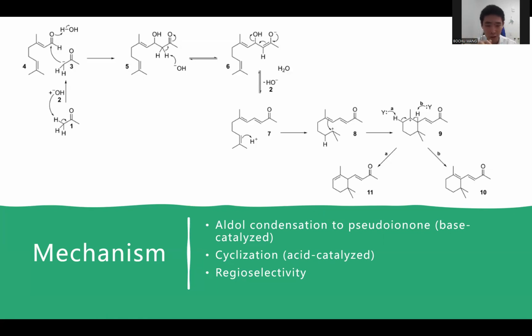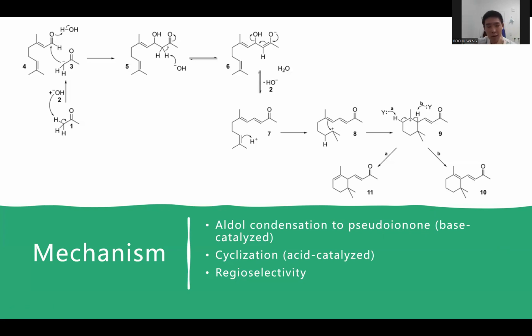However, it is not really favorable to generate the gamma ionone, which is the least stable isomer, because to generate the gamma ionone, you actually need to deprotonate a primary carbon, which is not really acidic and is not really favorable.